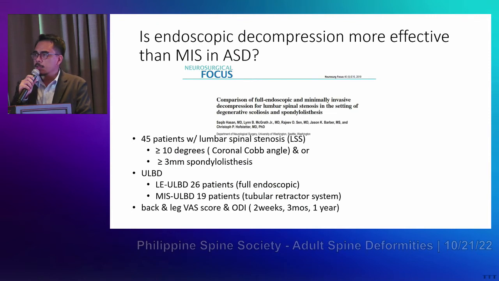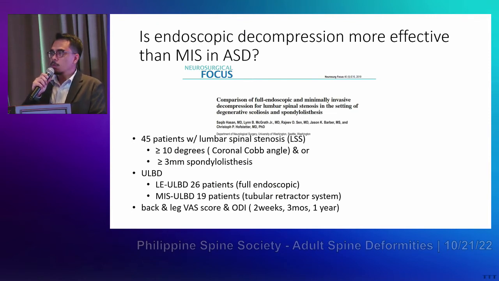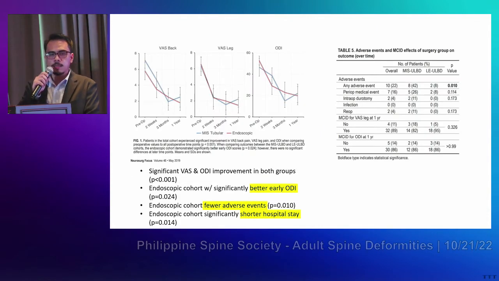The outcomes of interest were back and leg VAS and ODI at 2 weeks, 3 months, and 1 year post-op. They found significant improvement in VAS and ODI in both groups. However, it is important to note that in the endoscopic cohort, there is significantly better early ODI, significantly fewer adverse events, and a shorter hospital stay.